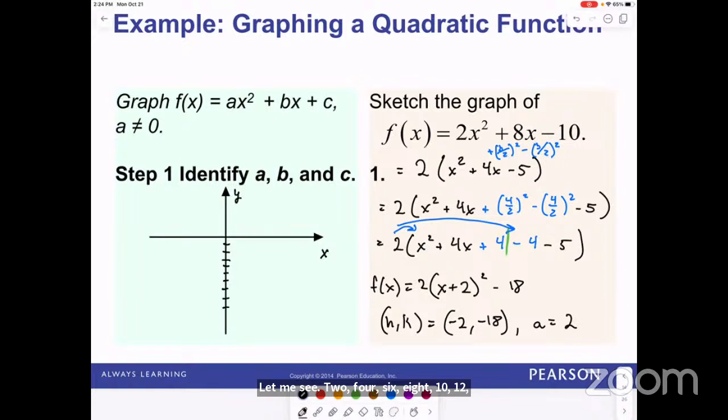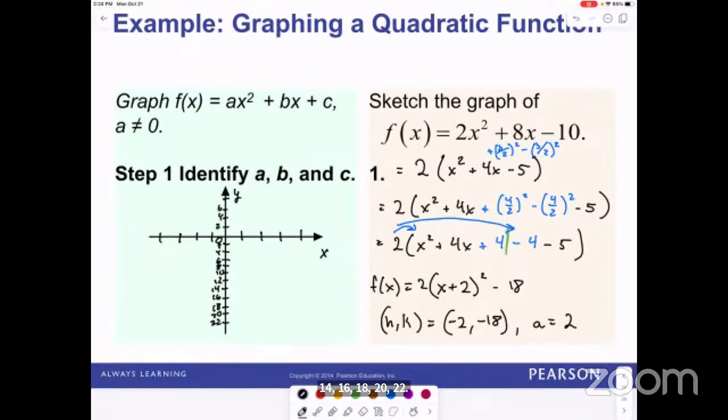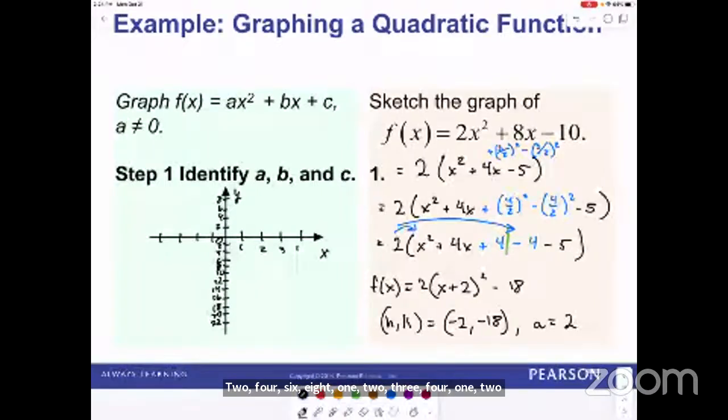Here's our origin. 2, 4, 6, 8, 10, 12, 14, 16, 18, 20, 22. These are negative and negative.